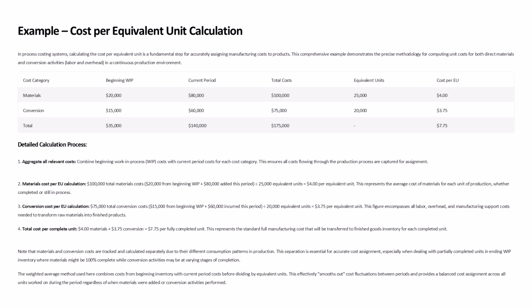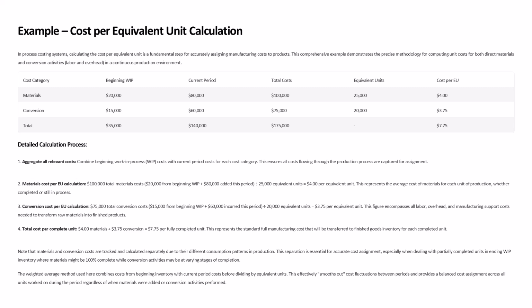This weighted average approach combines prior period costs with current period costs, creating a blended cost that doesn't distinguish between time periods. For a battery manufacturer like Duracell, this calculation would determine the average cost to produce each equivalent battery, despite having production split across multiple periods.